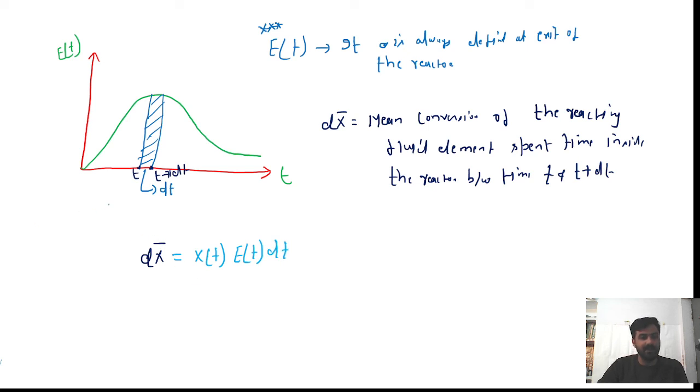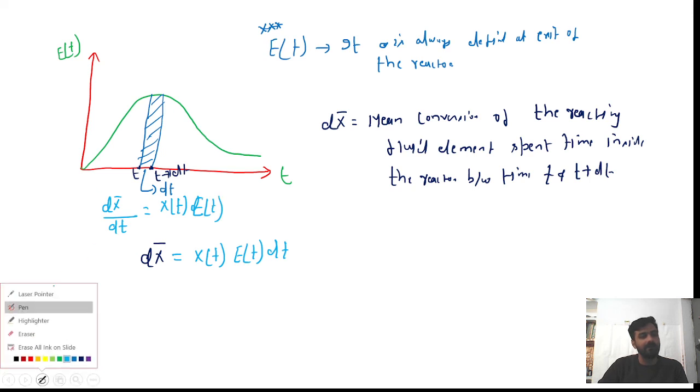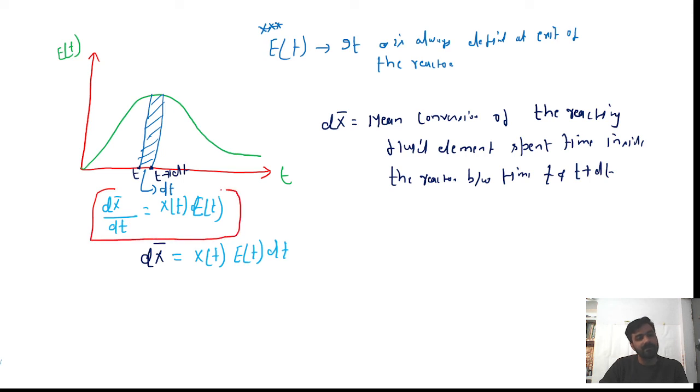Or you can directly write dX bar upon dt equals X(t) E(t). You should know this thing, dX bar by dt. This is called the complete segregation model. This is the mathematical derivation of the complete segregation model.